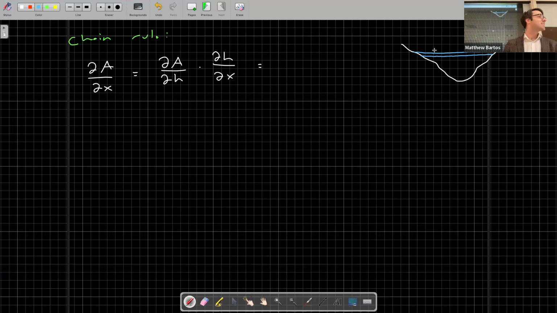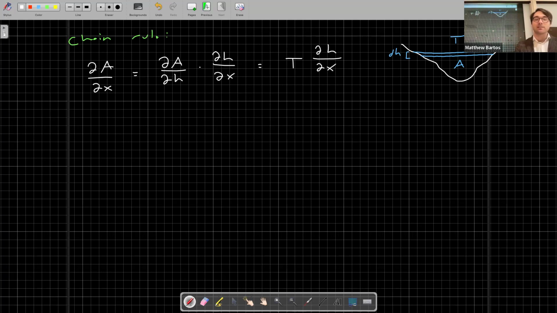It's a geometric parameter. Which width? Top width. Very good. So the incremental change in the cross-sectional area with respect to the change in depth, dH, is equal to the top width, T. So this whole expression here becomes T, the top width, times dH/dx.